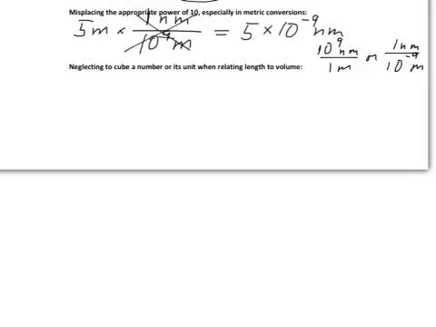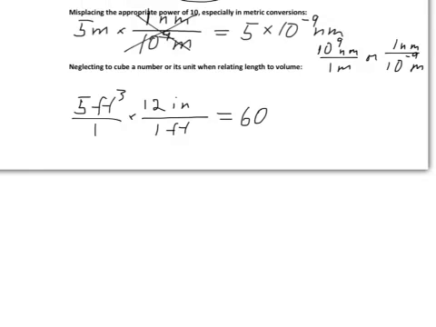So for example, if I'm converting 5 cubic feet to cubic inches, a very common thing to do is to write this: 1 foot, 1 inch. 1 foot is 12 inches. And then simply write this: 60 cubic inches.